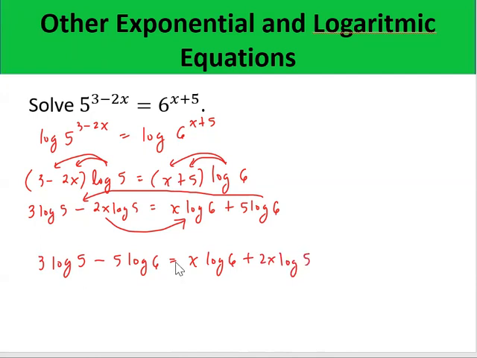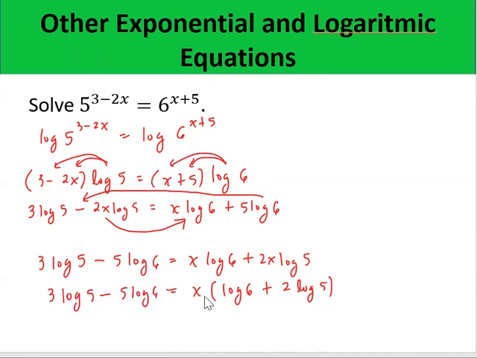Okay. And then factoring the x in the right side, we get x times the logarithm of 6 plus 2 times the logarithm of 5. And in the left side, we have 3 logarithm of 5 minus 5 logarithm of 6.